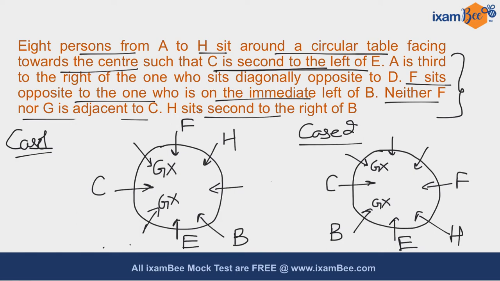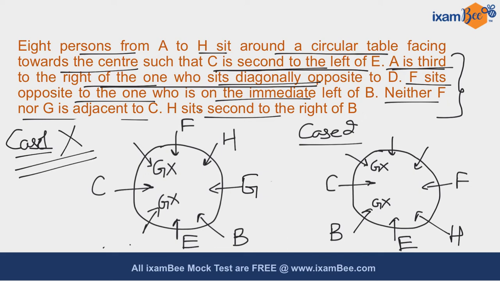Now you have to read your last statement that A is third to the right of the one who sits diagonally opposite to D. So if you focus on your case number 1, the only place for G is this, so you can place G over here. But if you try to place A, you cannot place A according to this particular statement. So you have to eliminate your case number 1. You can try fixing it, but you will not be able to fix it.